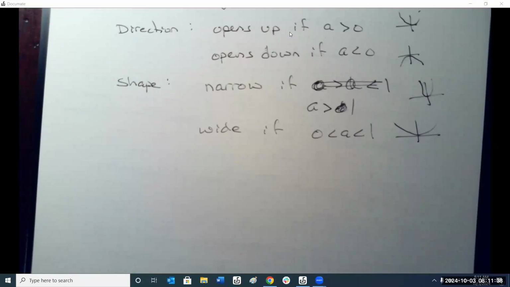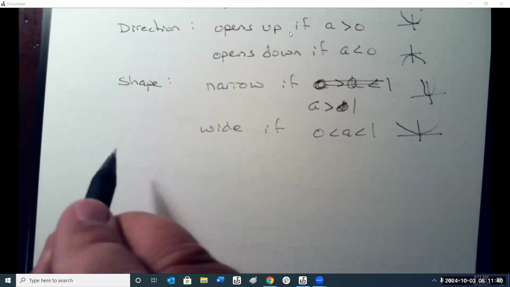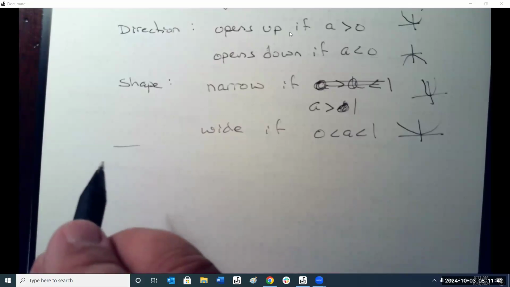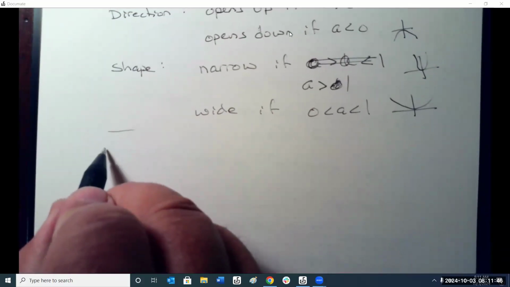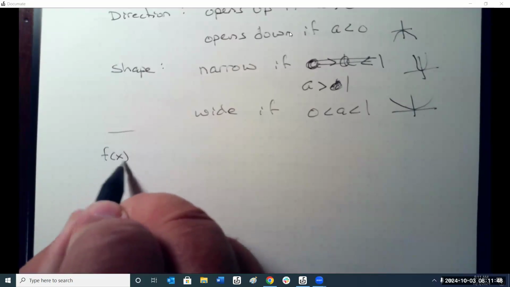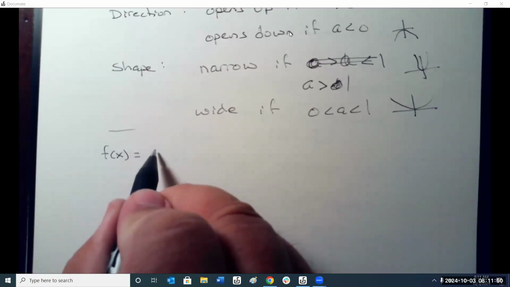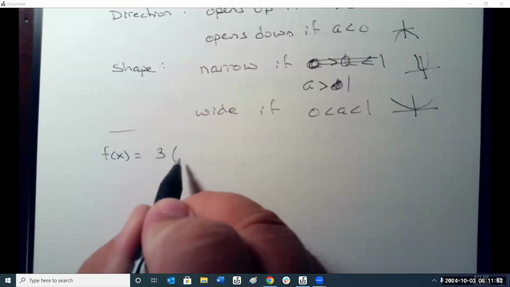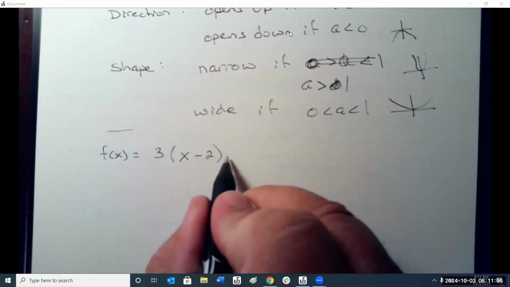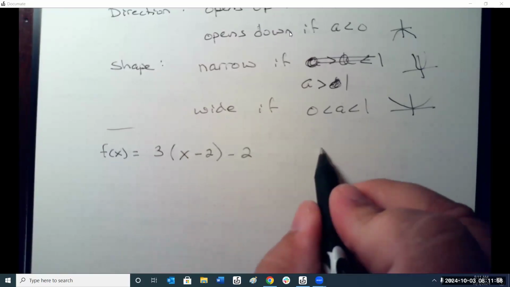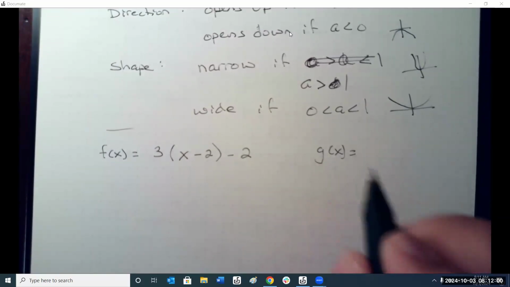So let's look at an example here. What if I gave you this function, and this function?